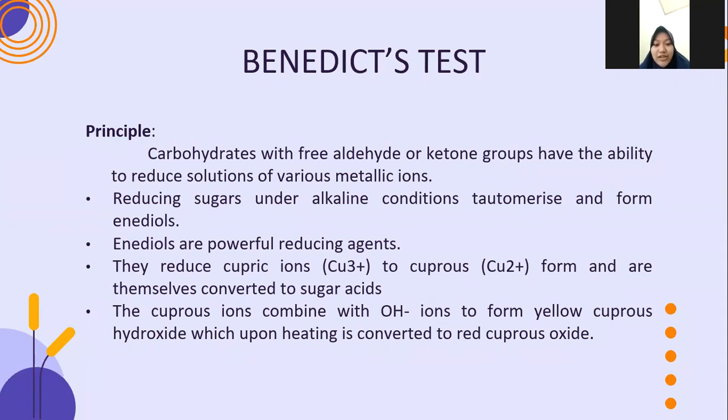Number three, they reduce cupric ions to cuprous ions, Cu2 plus, and are themselves converted to sugar acid. Number four, the cuprous ions combine with hydroxide ions to form yellow cuprous hydroxide, which upon heating is converted to red cuprous oxide.